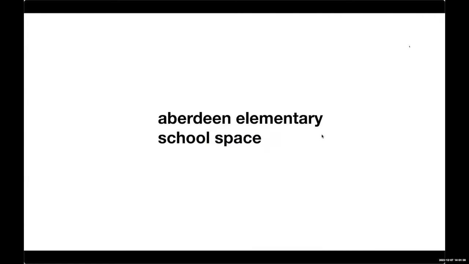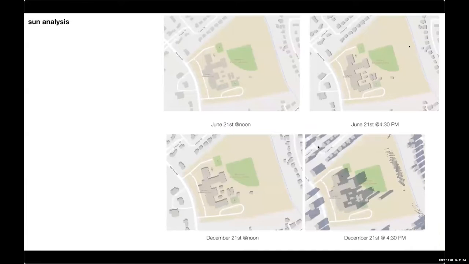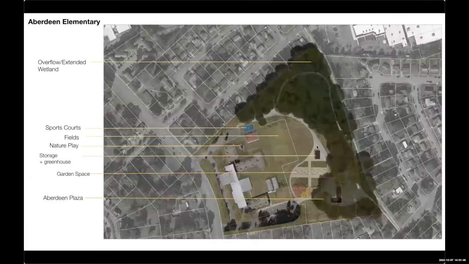So first, we're going to look at the Aberdeen Elementary School space in a little bit more detail. For analysis, I looked at the conditions of sunlight, and when thinking about community gardens, sunlight was something that I really needed to consider. So looking at where it would be optimal for that.